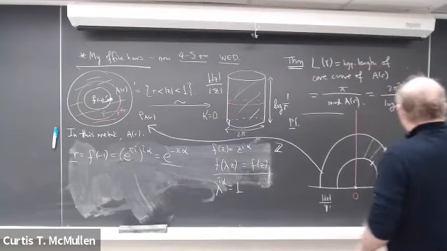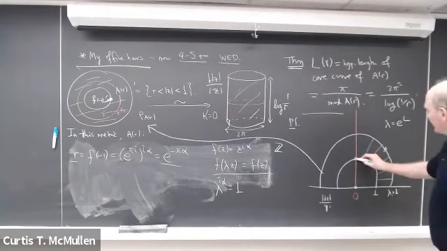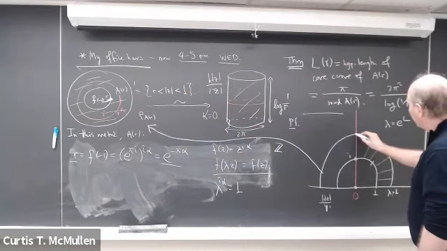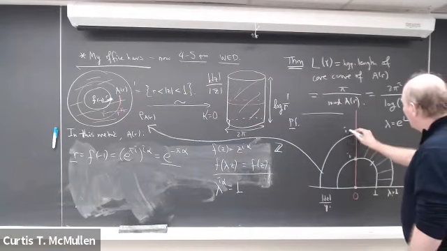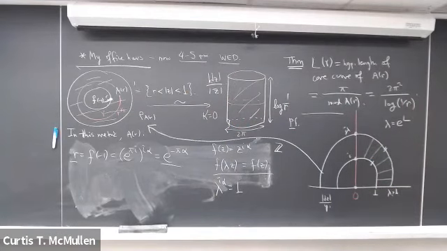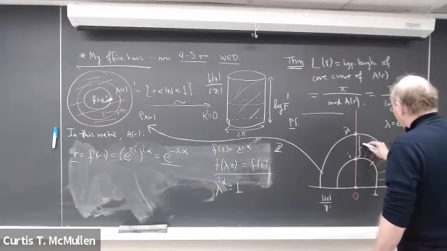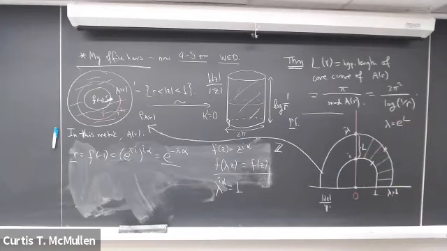So it's convenient to write lambda as e to the L. And one of the reasons that's useful is that if you go from I to I times lambda, which was what multiplication by lambda does in the upper half plane, then the length in the hyperbolic metric of this segment is L. It's the log of lambda because it's the integral from 1 to lambda of dy over y.